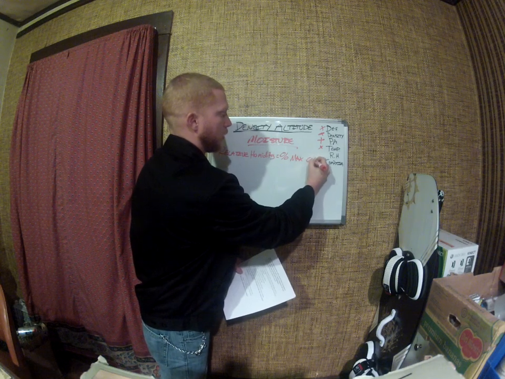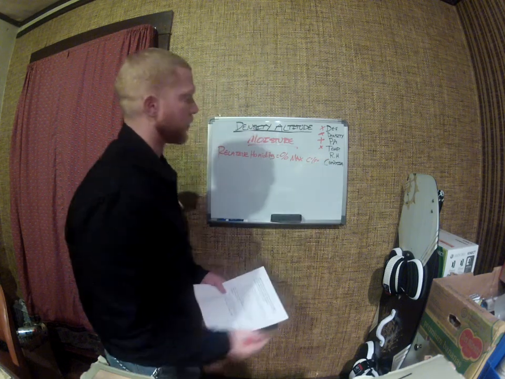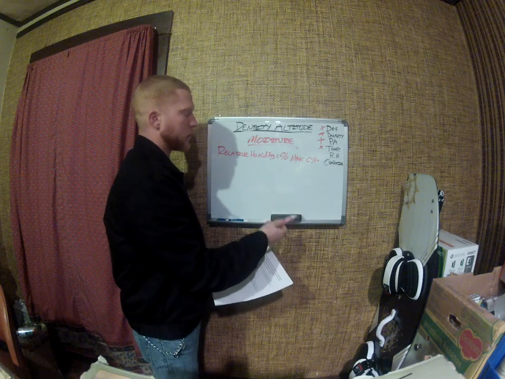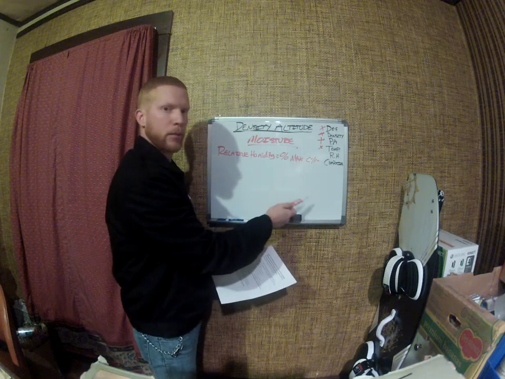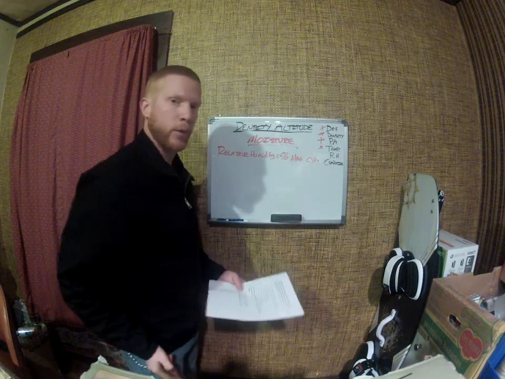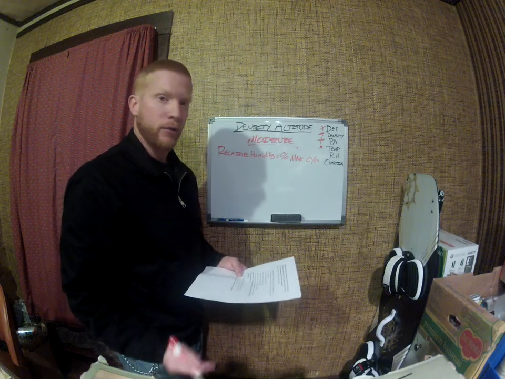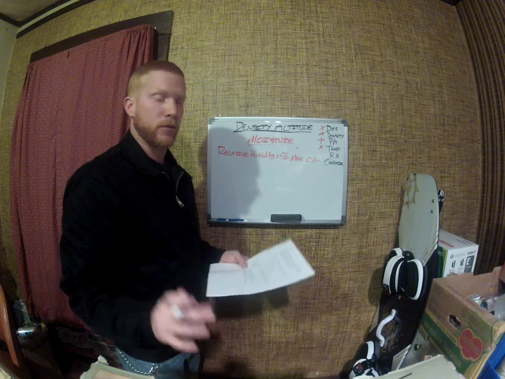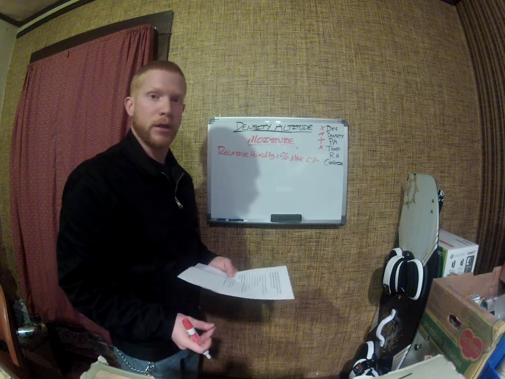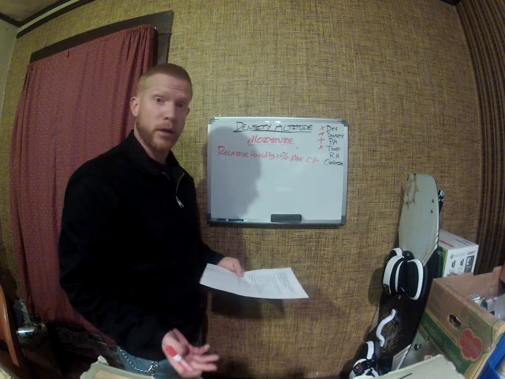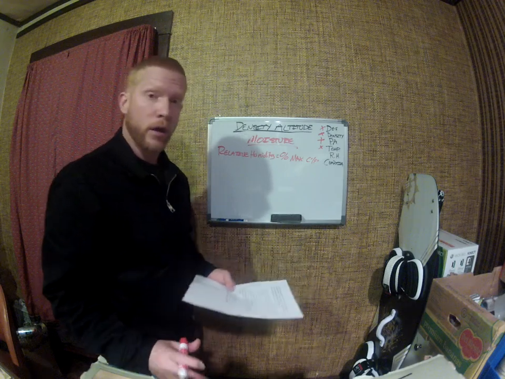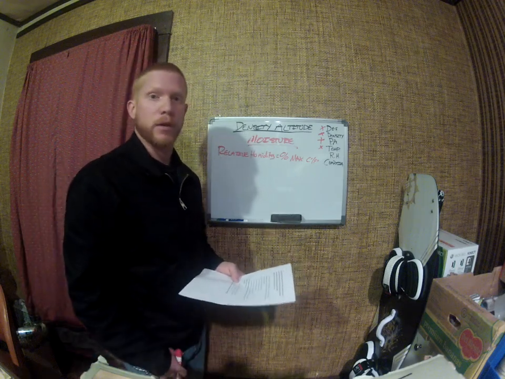So perfectly dry air, no water vapor content in it, has a 0% relative humidity. And completely saturated air that can't hold any more water vapor has a 100% relative humidity.